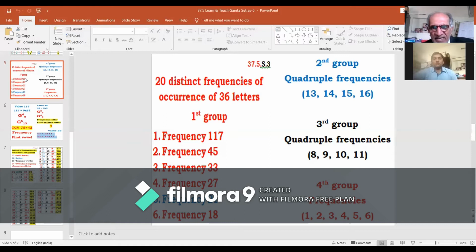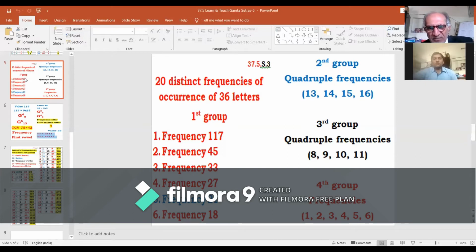Third group as well of quadruple frequencies is of the format values 8, 9, 10, 11, parallel with four folds of hypercube 10. We know that hypercube 10 means a reach up till a value of Per Brahm.